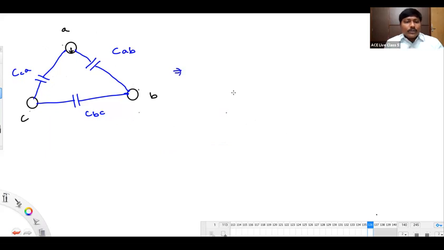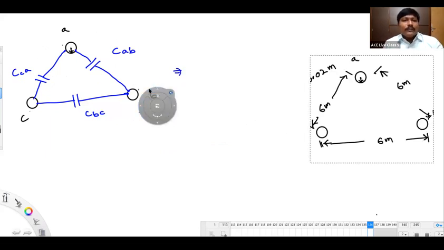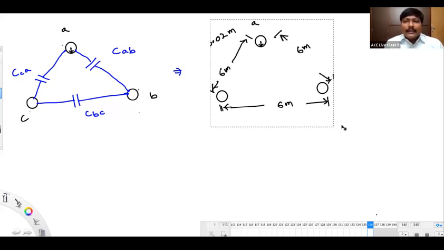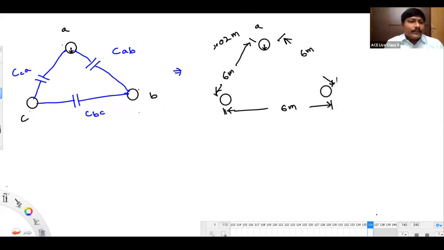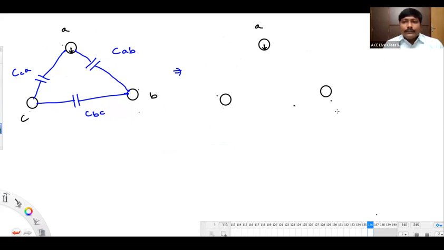Let me show the same diagram here, the same conductor configuration like this, and I will show here conductor A to neutral capacitance, conductor C to neutral capacitance, conductor B to neutral capacitance.